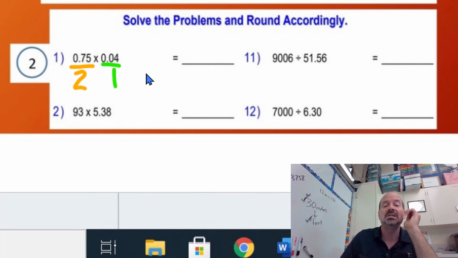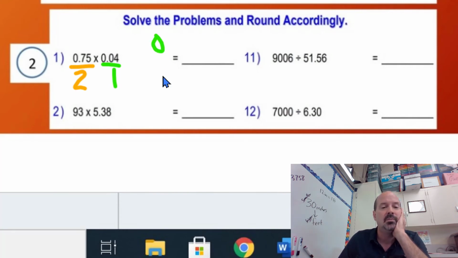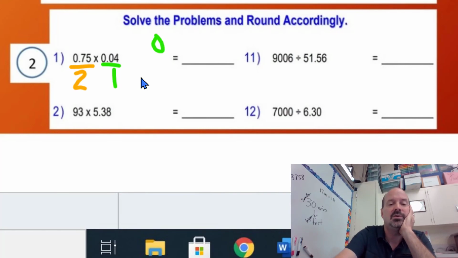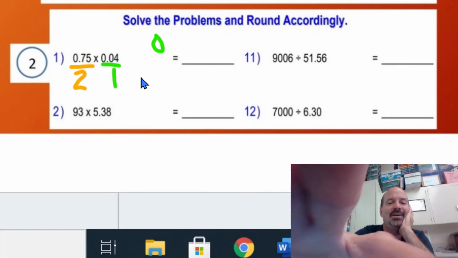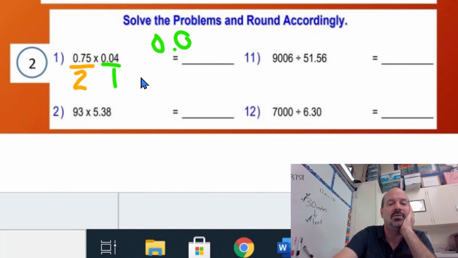So which is less precise, to have 2 significant digits or only 1 significant digit? The answer is 1 significant digit. So when you multiply 0.75 times 0.04, the answer turns out to be 0.03.